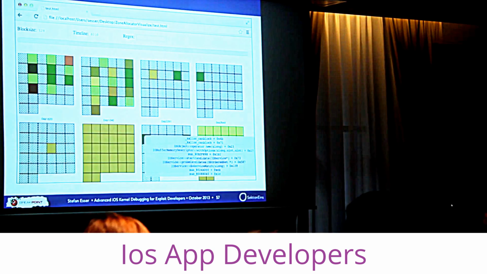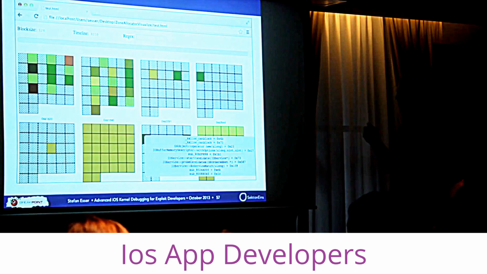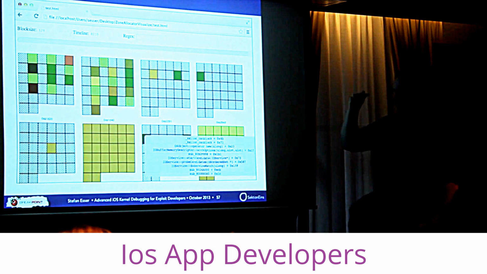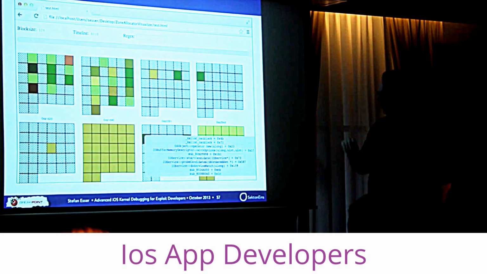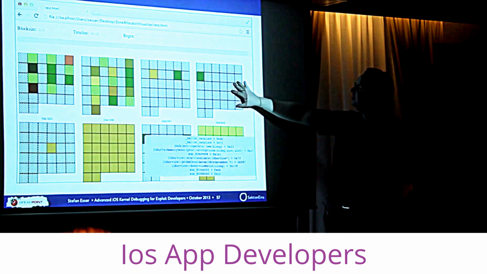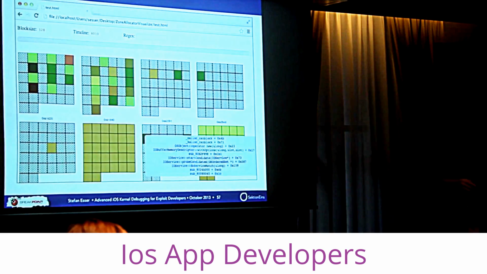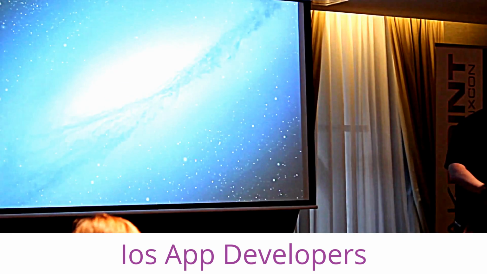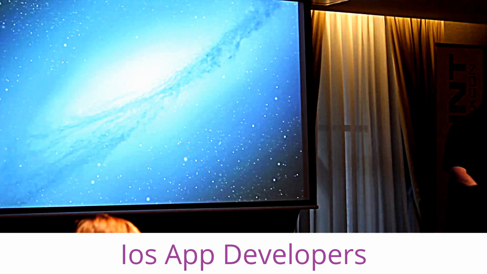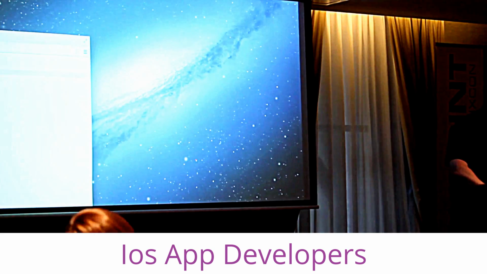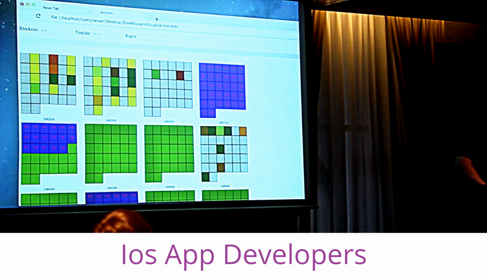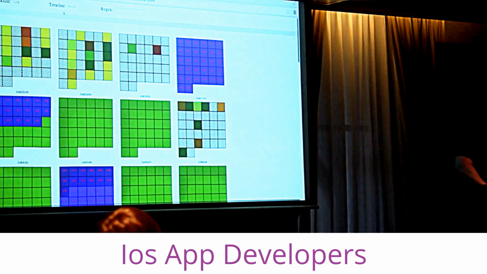So I will show it to you live, in the browser. It will look like this here. And before I explain it, I will just show it to you. So this is one of the possible test runs.